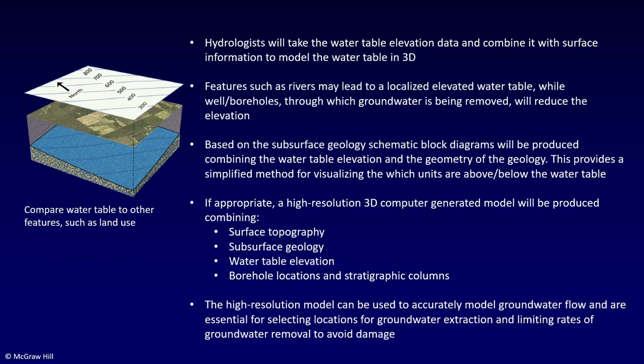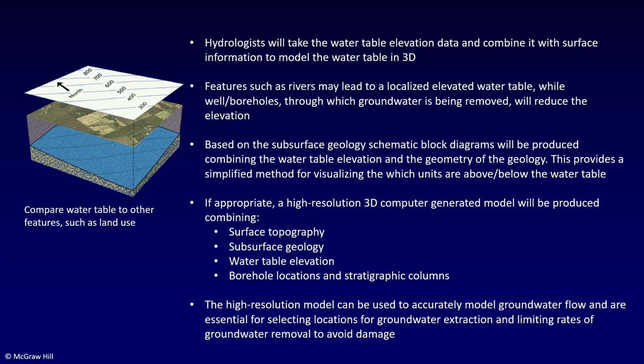Now, what you can then do once you know what's happening to the water table is you can take that information and apply it to a three-dimensional model of the geology of your area. And so those things combined can essentially give you a schematic geologic model. So it shows you each of the layers of rock in the subsurface, but it also shows you the position of the groundwater relative to those layers of rock.